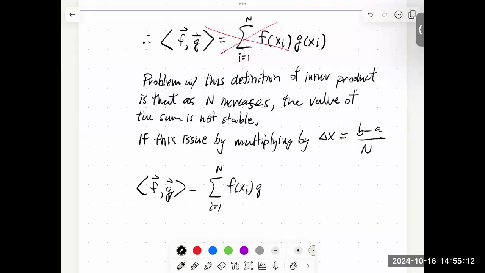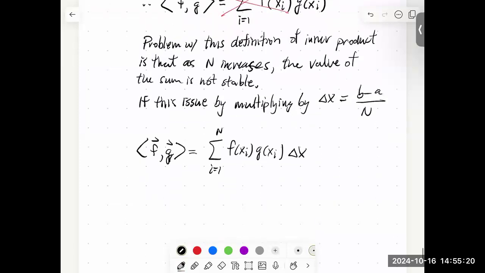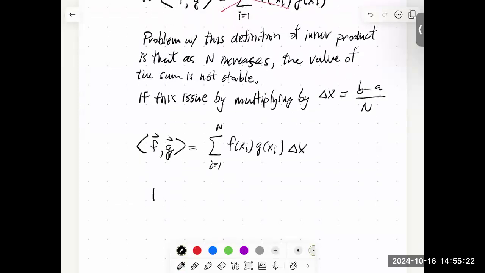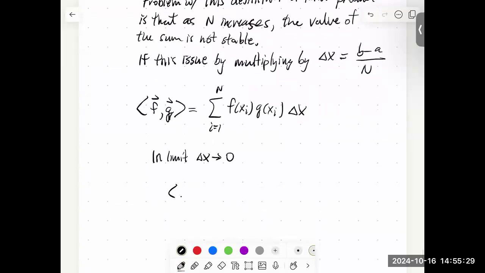And then you know what's going to happen. We are going to take the limit that delta x goes to 0, and that will be our definition of the inner product. In the limit that delta x goes to 0, our inner product for functions is the integral of f of x, g of x, dx on whatever our domain is.